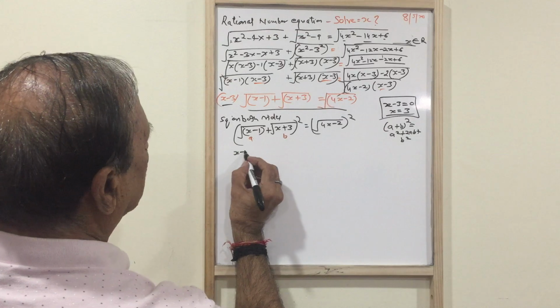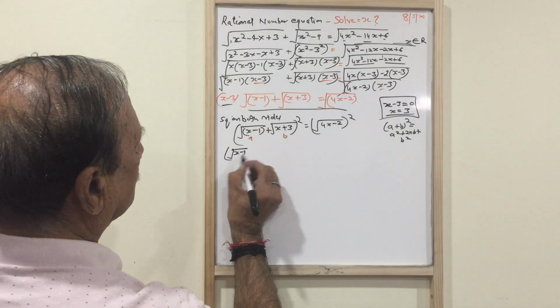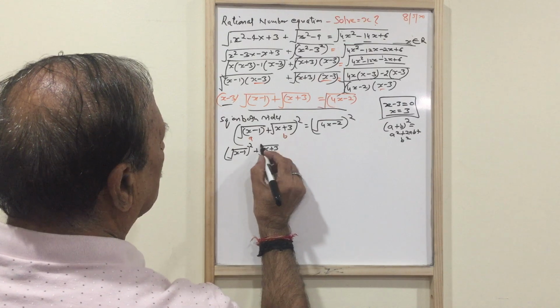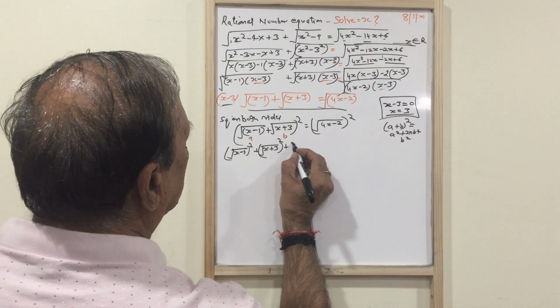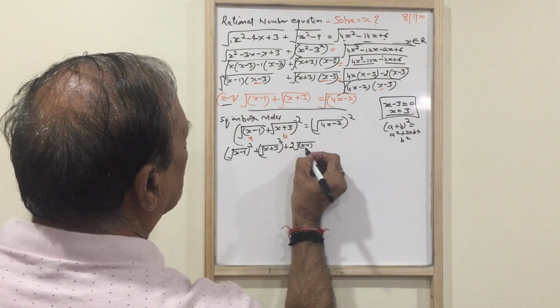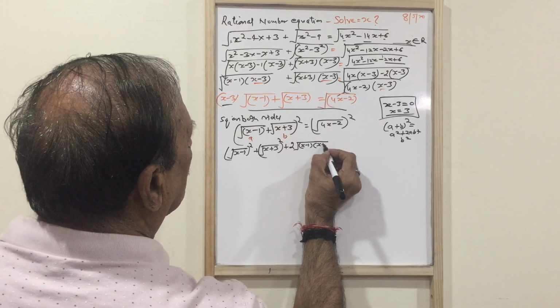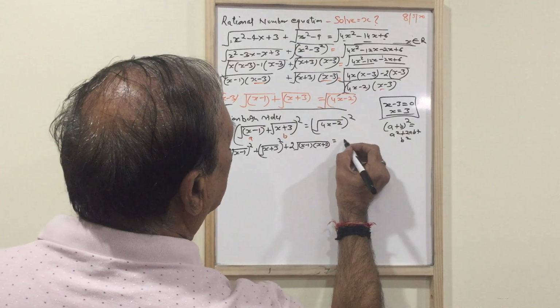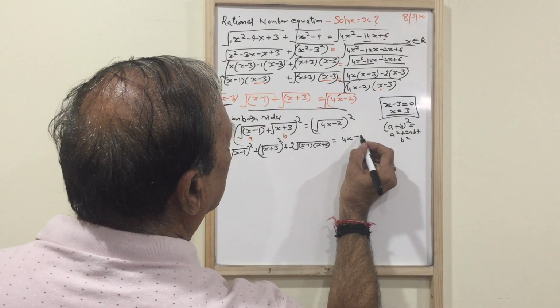So (x minus 1) square plus b square plus 2ab. 2ab is this, is equal to, if we square it, it will become 4x minus 2.